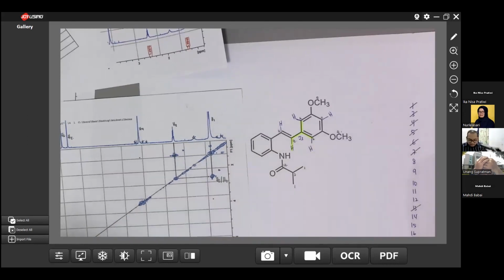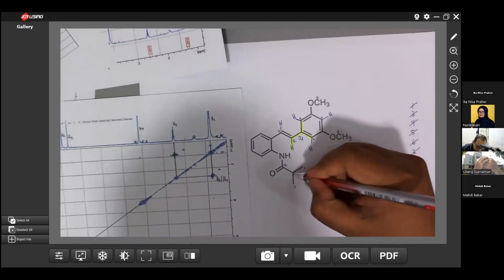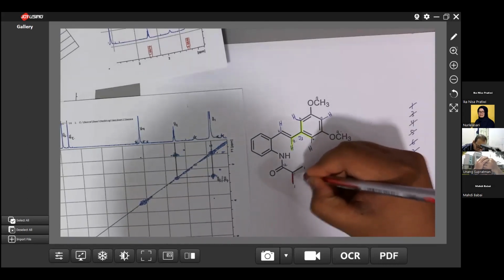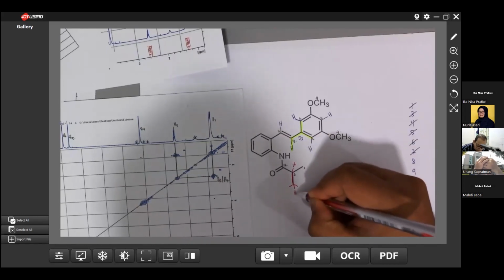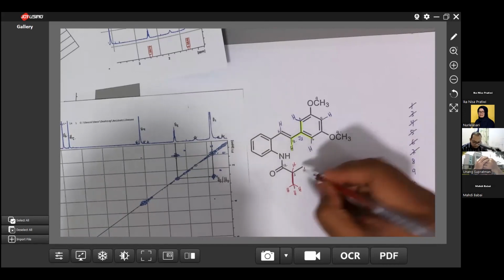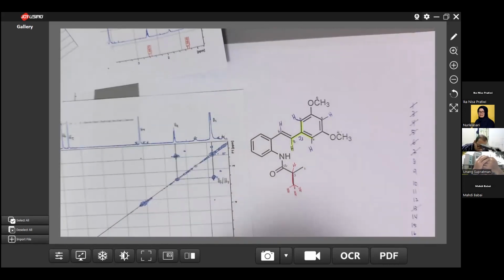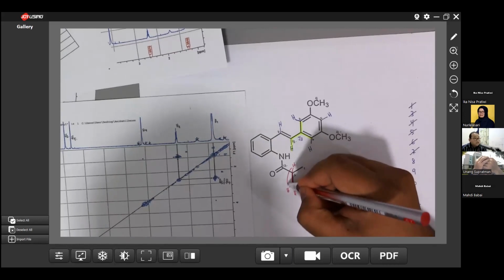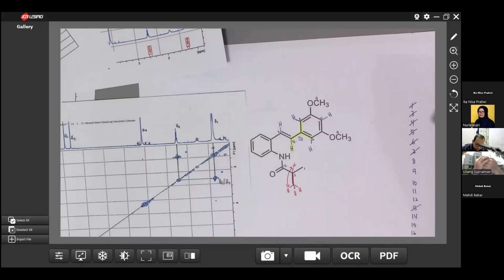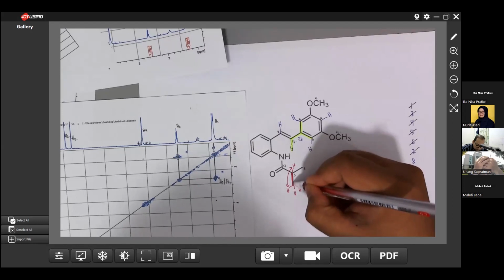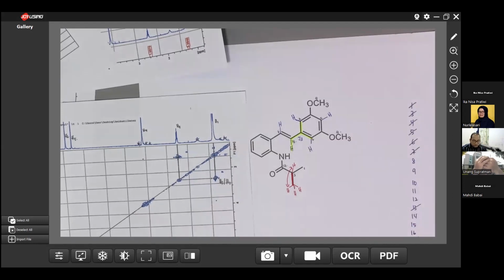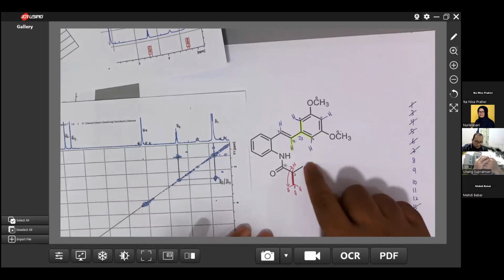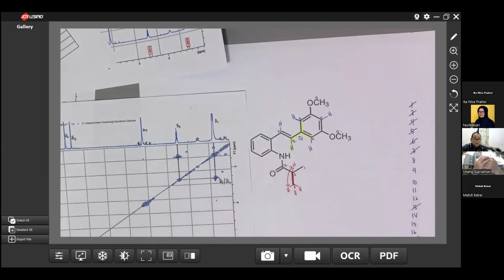I don't have a highlighter, so I'm using red. H1 can see H3. This means this proton can see these 3 neighboring protons, including this one. So they are neighbors. So 1 and 3 are confirmed.